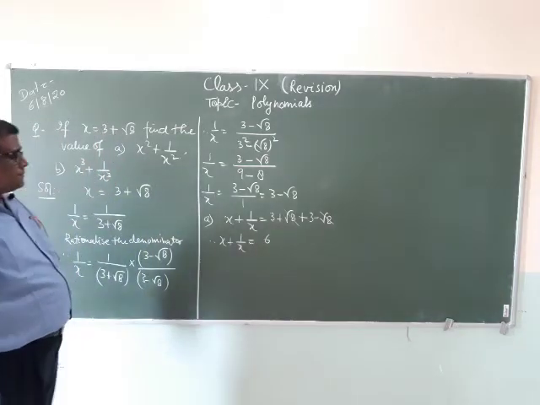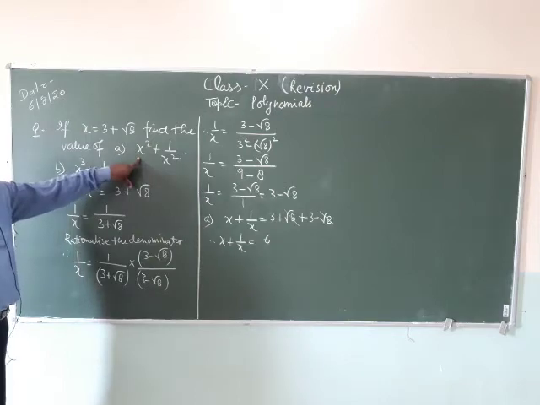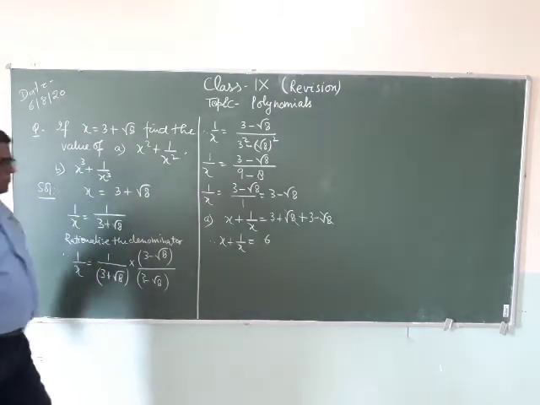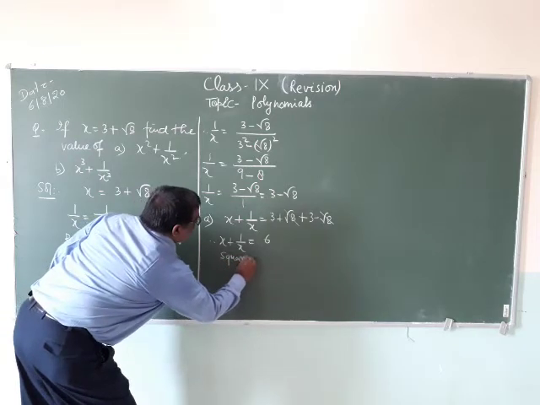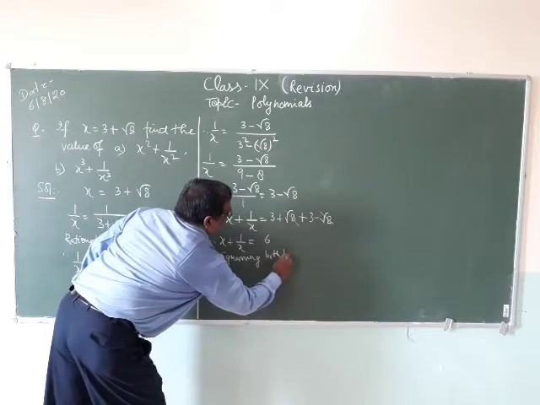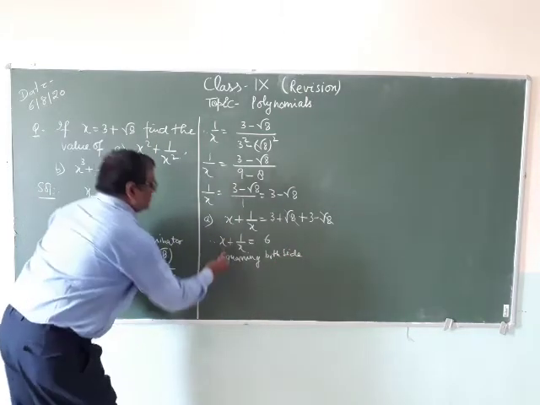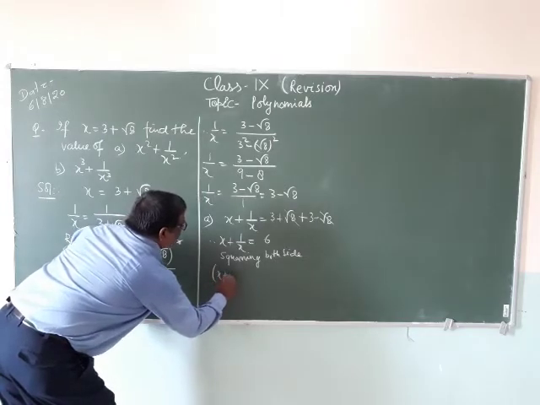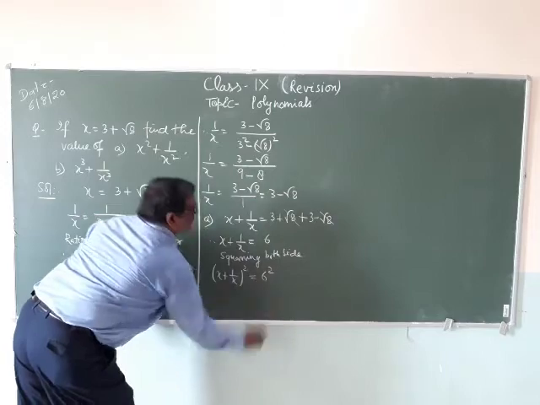Now we have to find x square plus 1 by x square, so squaring both sides. Therefore x plus 1 by x whole square is equal to 6 square.